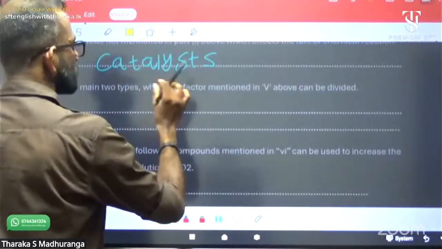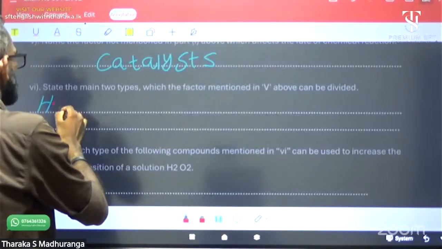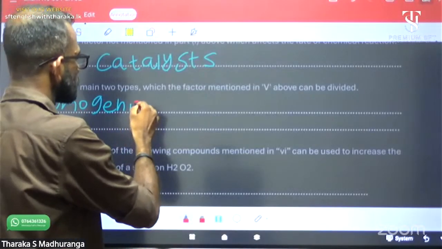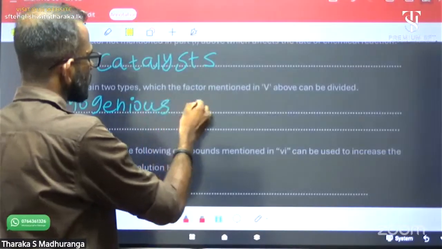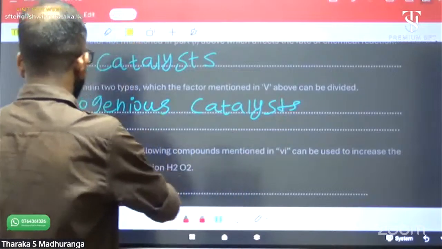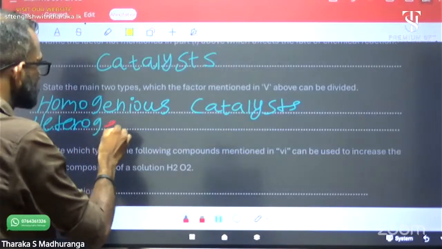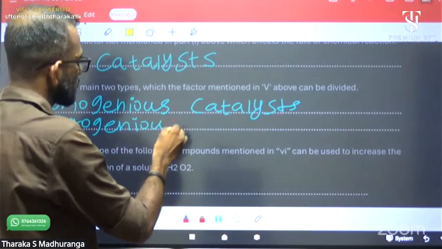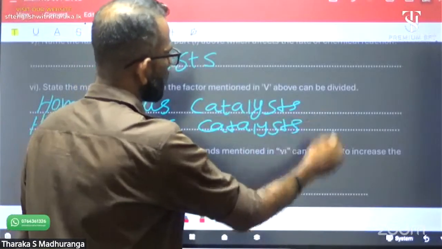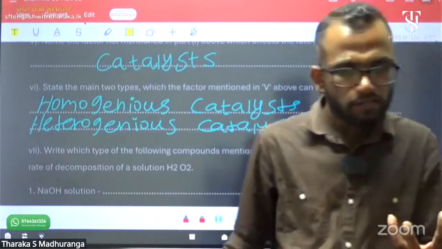State the main two types of the factor mentioned in the previous part. Main two types: homogeneous catalyst and heterogeneous catalyst, which we discussed already in the lesson. Homogeneous catalyst means what?